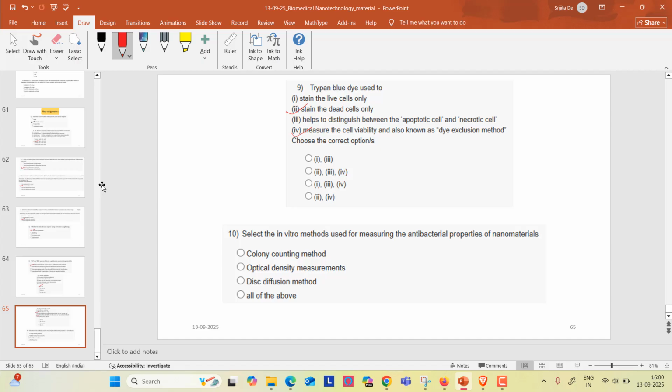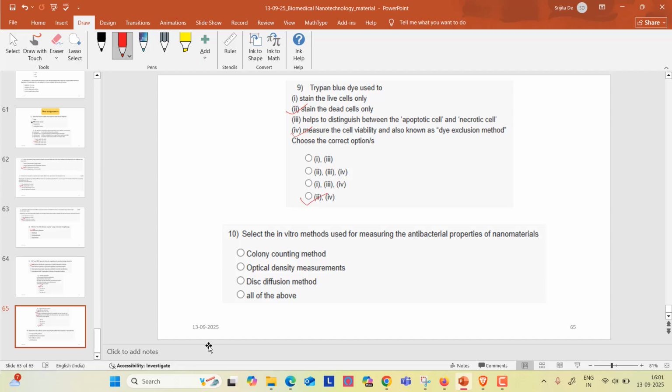But in the case of apoptotic cell and necrotic cell, cell death happens in both cases, right? So trypan blue is able to stain the dead cells only. So whether the cell died from apoptotic cell death or necrotic cell death, you don't know. So I think option 3 is not correct here. I might be wrong, but I am giving options 2 and 4, but you just check it, okay?